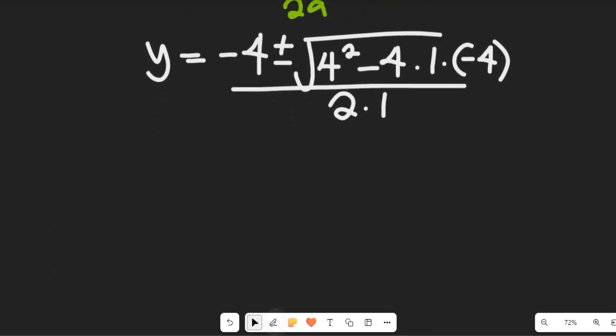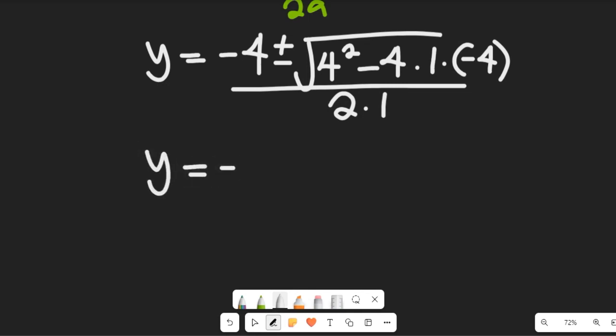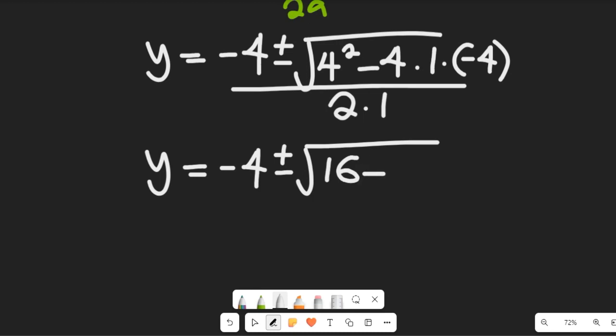From this expression, y is equal to negative 4 plus or minus the square root of 16, minus times minus gives us plus another 16, since 4 times 4 is 16, and this will be divided by 2.